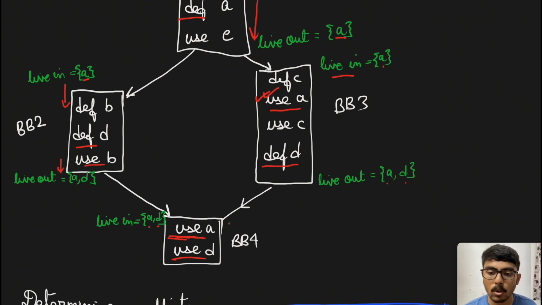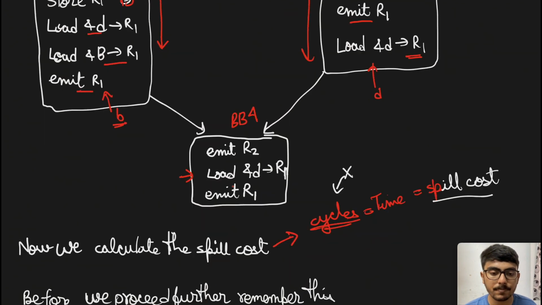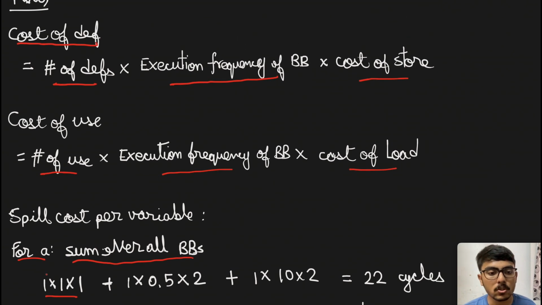And again in basic block 4 there will be one for use of A. So there will be all total 3 terms, right? So 1 into 1 into 1. 1 is the number of defs, which is 1 for basic block 1, into execution frequency of BB1, which is 1, and cost of store, which is also 1.